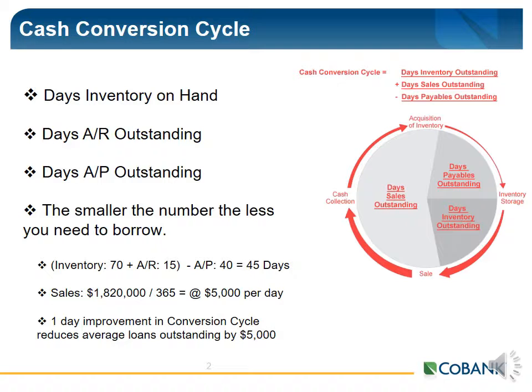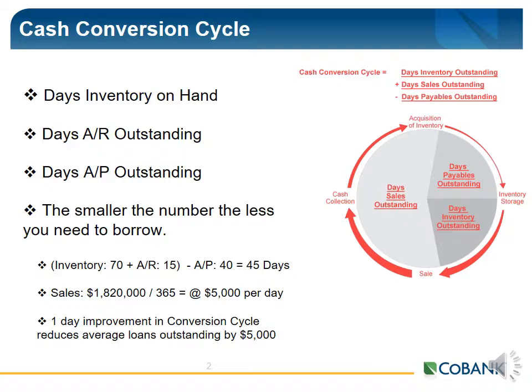So the difference between those is how much you're financing, whether it's through a line of credit or your liquidity, your working capital. And for most businesses, they don't have enough working capital to support all of that, the difference in the timing needs. So that's why you have that short-term line of credit.